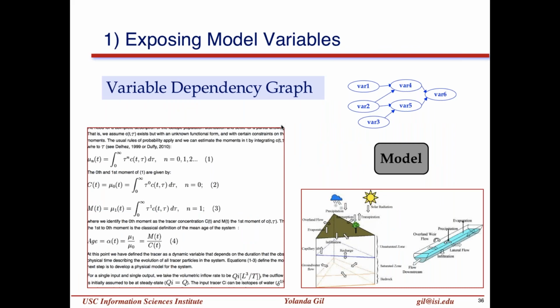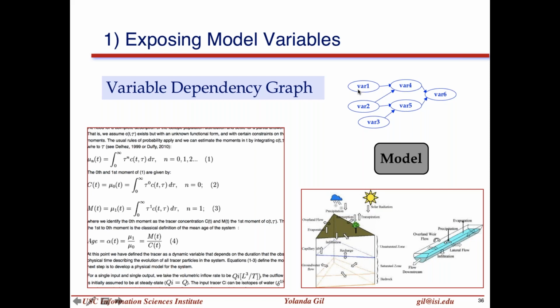So the first topic was exposing model variables. So here, what we're thinking about is creating a variable dependency graph based on the model. On the left is just some excerpt of text that describes different variables that are used in a model. And then on the right is kind of a cartoon representation of a lot of variables that are incorporated in the model.